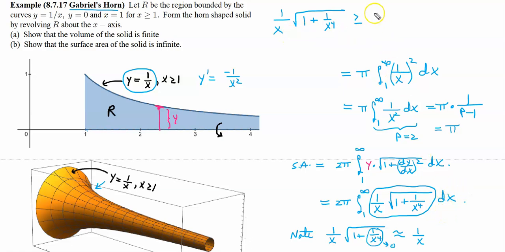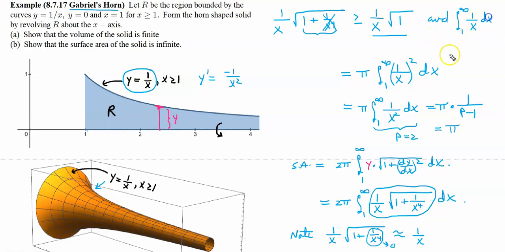All right, well, this one's not too hard, because all we have to do is write this. See, this is certainly going to be true. You see, 1 over x times the square root of 1 plus 1 over x to the 4th is going to be bigger than or equal to 1 over x times just the square root of 1. You see, if we make what's in here a little bit smaller by just throwing this number away, we get this. Now we know that the integral from 1 to infinity of 1 over x, right, this square root of 1 is just 1.